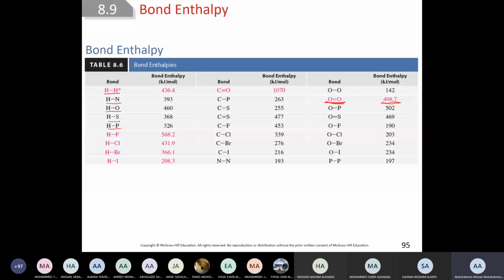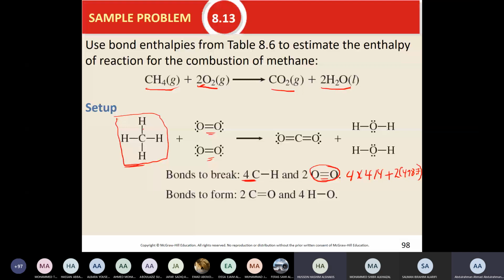Good. What are the bonds that we made? Because it's product made. This is product, and this is reactants. How many CO bonds do we make?